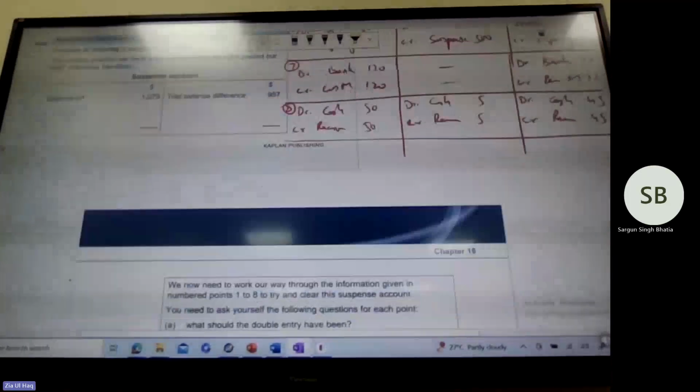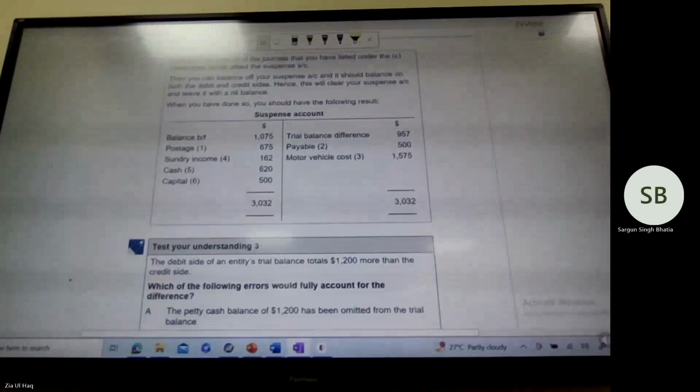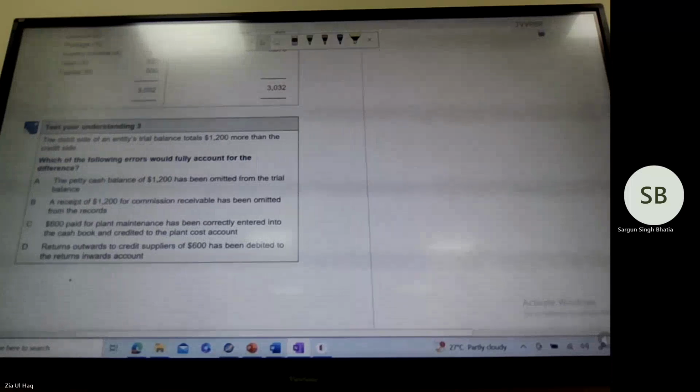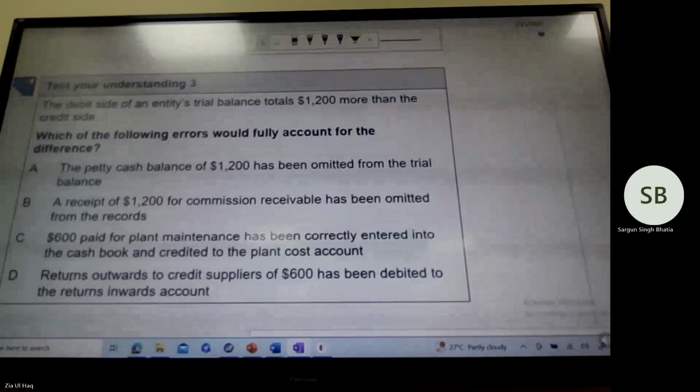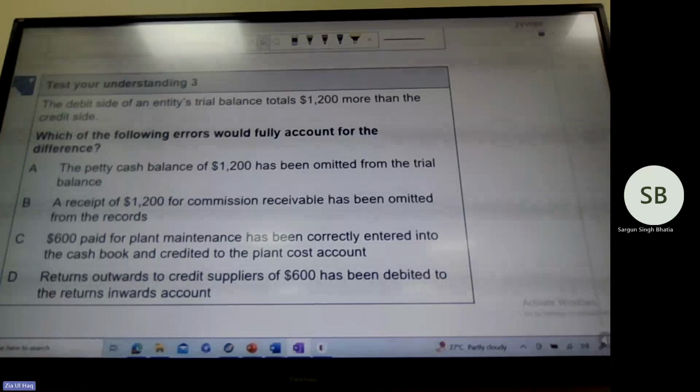Okay, now moving forward. Question understanding 3. The debit side of an entity's trial balance totals 1200 more than the credit side.